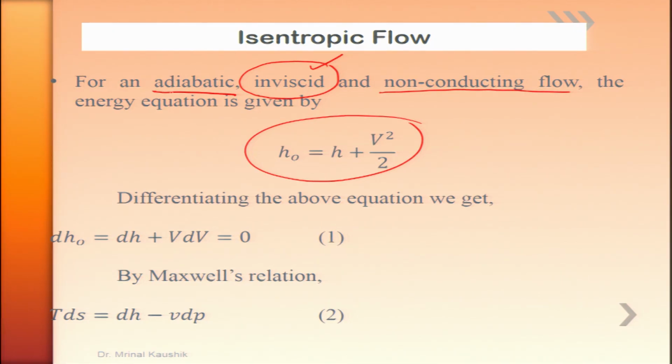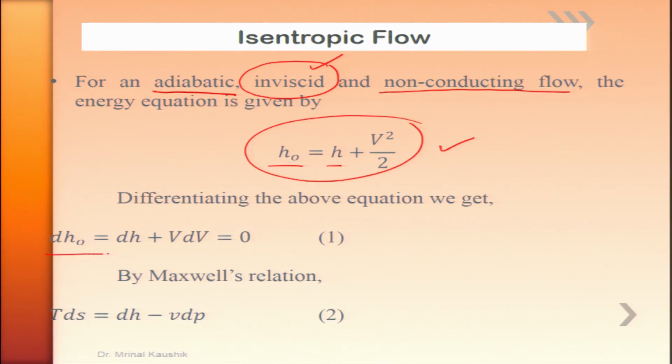That is, an adiabatic non-conducting steady flow energy equation given by this in turn brings in the inviscid assumption as well. Now, please see that H naught is equal to H plus V square by 2.